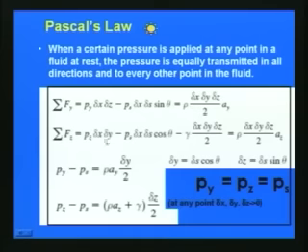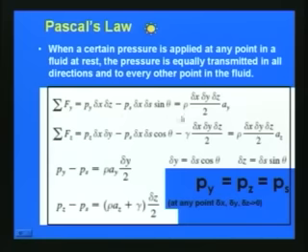Similarly, in the z direction, sigma Fz is equal to Pz into delta x into delta y minus Ps into delta x into delta s cos theta minus gamma delta x delta y delta z by 2, since the weight of the element is considered in this term. That is equal to the mass into acceleration in the z direction. Here mass is rho into delta x into delta y delta z by 2 and Az is the acceleration.